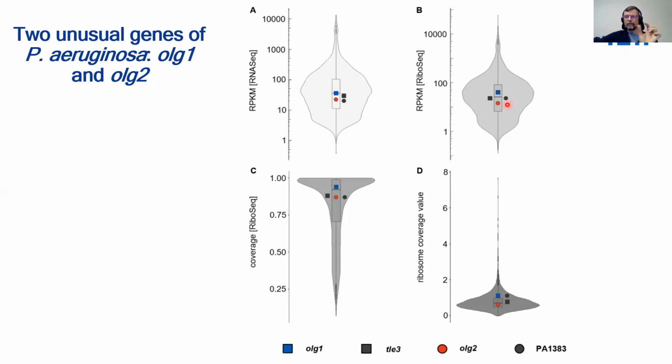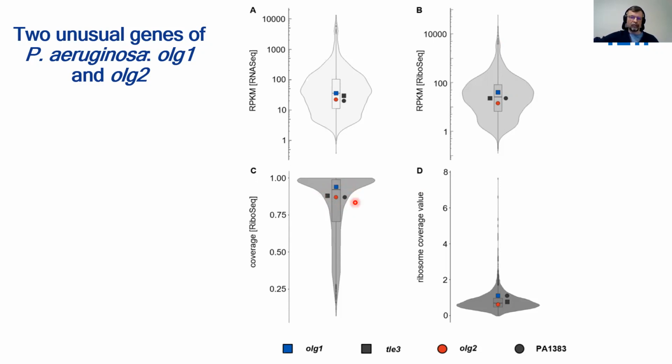So then we did ribosome footprinting, looking only at the fragments sticking in the ribosome, and you can see the same. Here's a picture for all genes, a violin plot, and these are just within the bulk. Then what we can also look at is the number of ribosomes sitting on top and how many parts of the messenger RNA are covered with ribosomes.